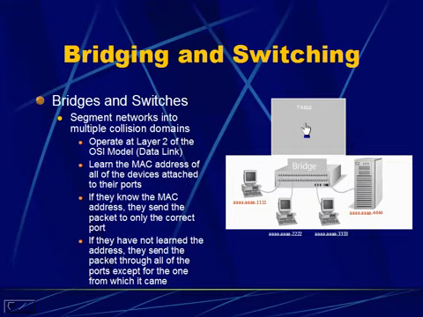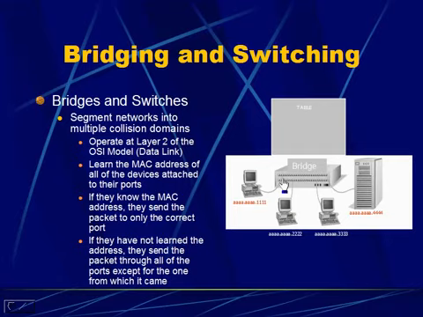And as you can see, this bridge was just installed. There's nothing in the table. So this bridge does not have a way to send the packets straight to the correct port. So what it will do then is it will flood the packets out of all of its active ports except for the one that it came in.